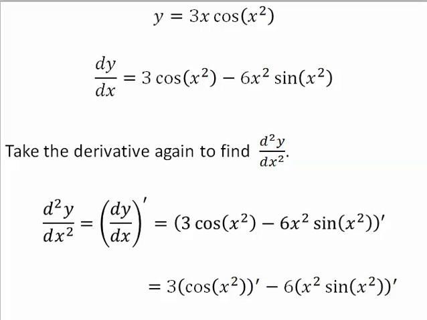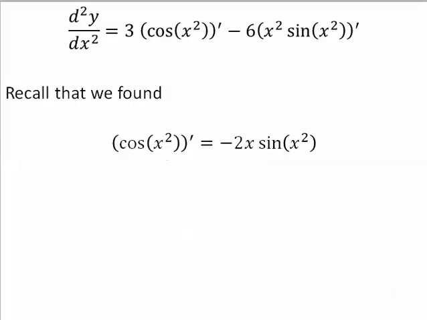So here I'm just starting with a new slide. All right, so this top line was what was on the previous slide at the end. We're going to need to find a couple of derivatives. Recall the derivative of cosine of x squared, we have already found that, so let's not do that again.